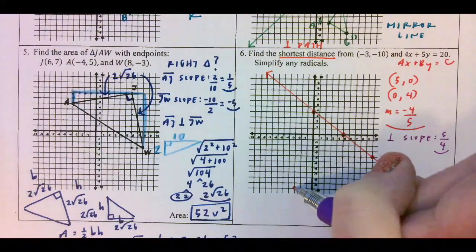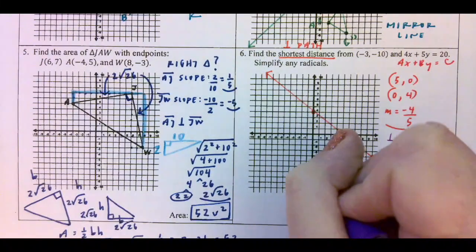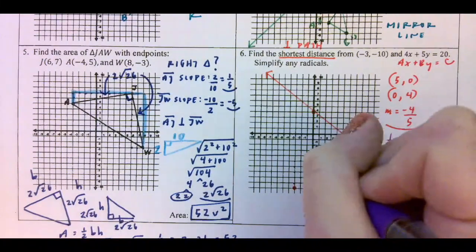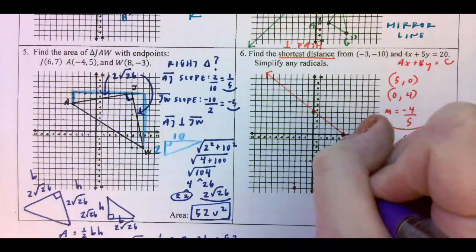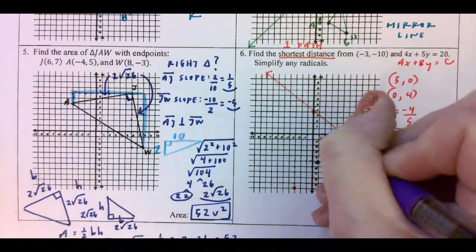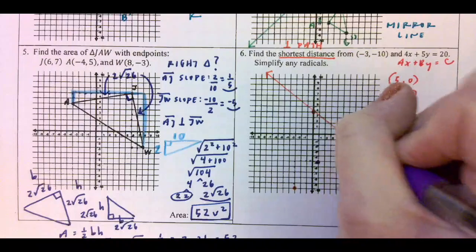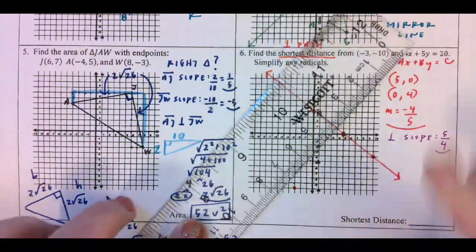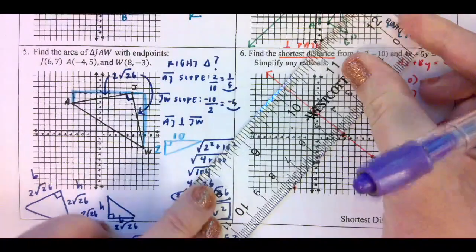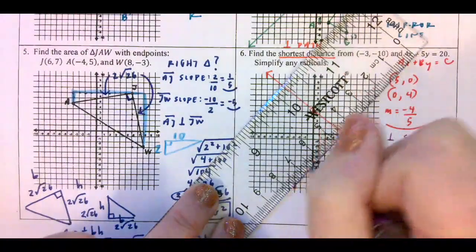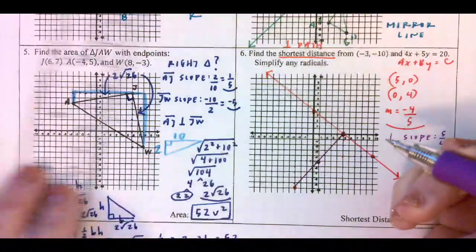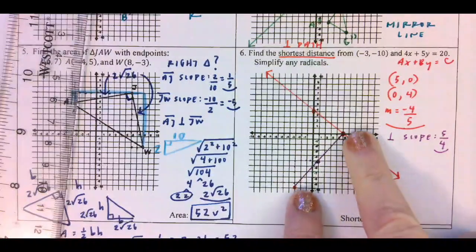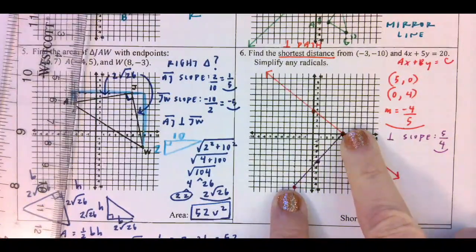So I'm going to connect the two. From this point, I'm going to go up 5 and right 4, up 5 and right 4. Makes contact right here. So when I connect those, that is what I want to solve for. I have these two endpoints, and I want the length of that segment.